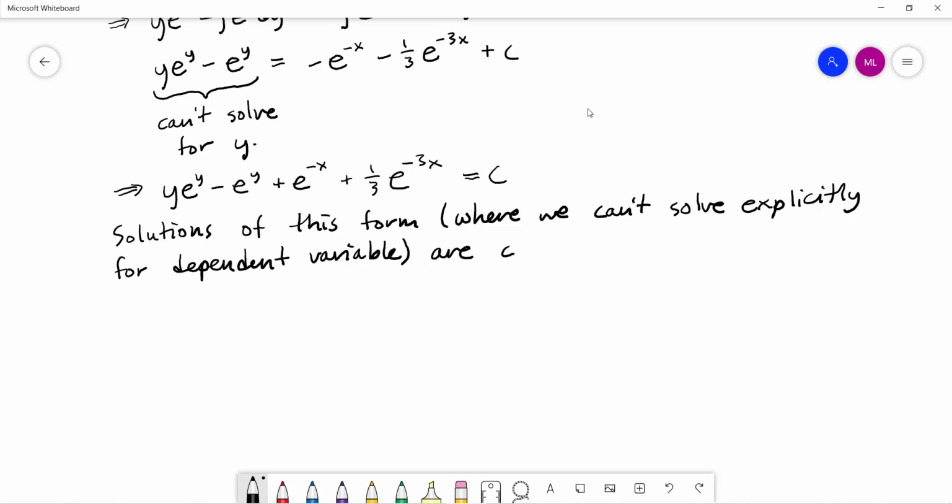They're called implicit solutions. And they're totally valid. Whenever possible, it's always nice to solve for y, but that's not always going to be a possibility. So just keep that in mind.